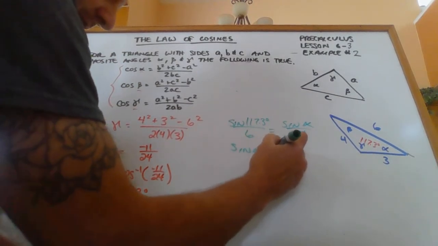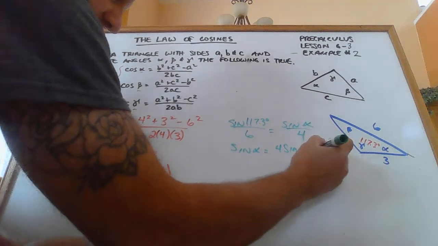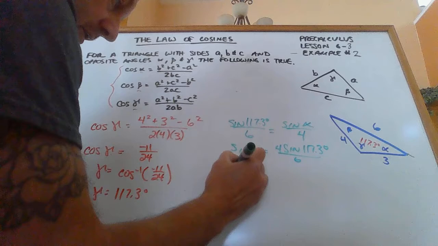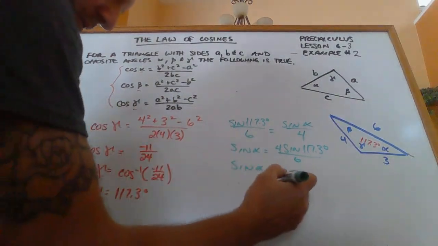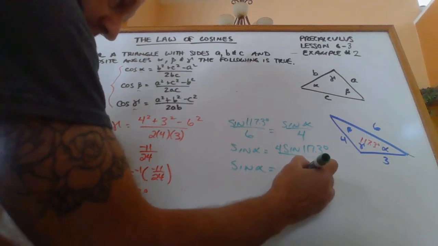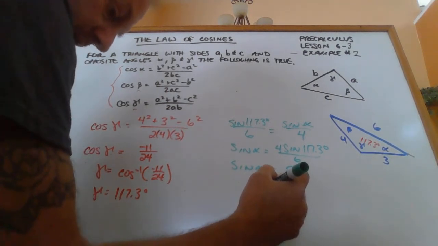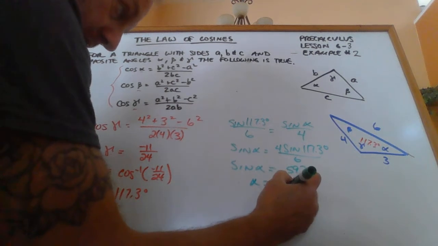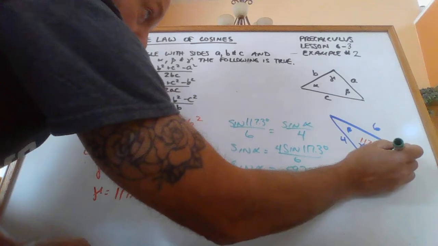And so sine alpha is 4 times the sine of 117.3 over 6. And that comes out to be 0.592. And then I arc sine that, and I get alpha is 36.3 degrees. So I'll go ahead and write that over here.